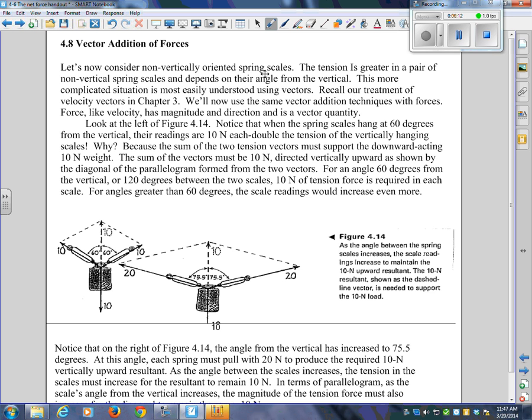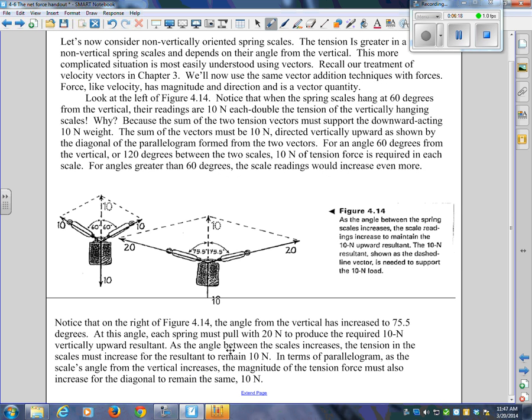And here's the math behind it. Let me show you. If I've got 10 newtons down, how come I need 10 and 10 then? Well, it's because the vertical component there and the vertical component there, each one of those would be 5 newtons.